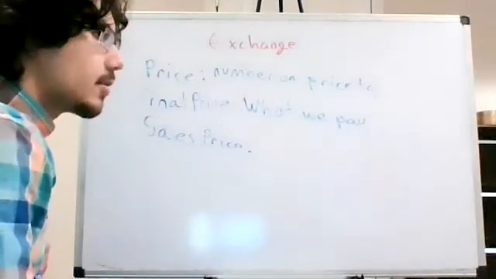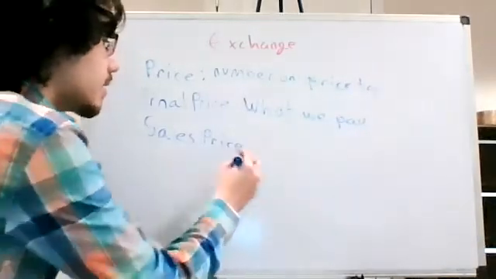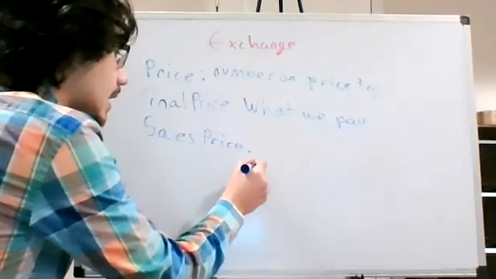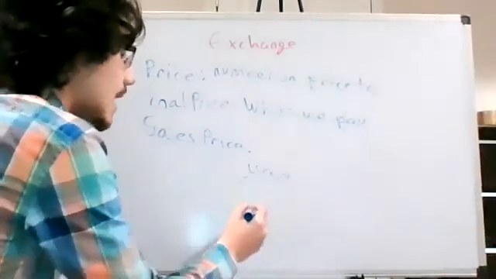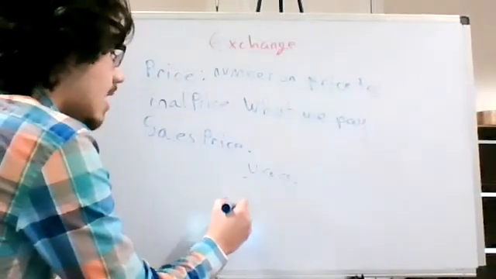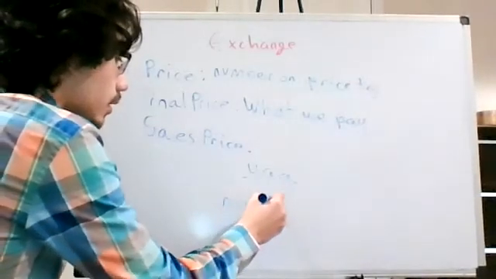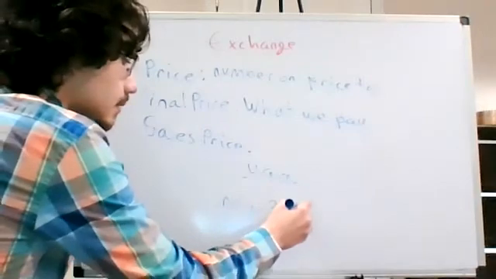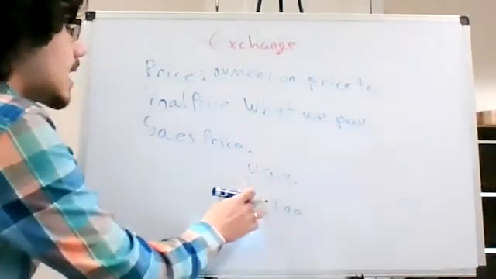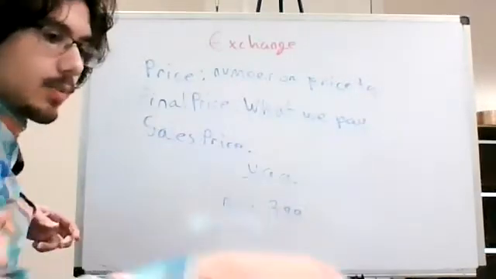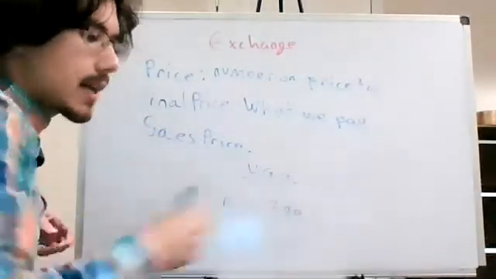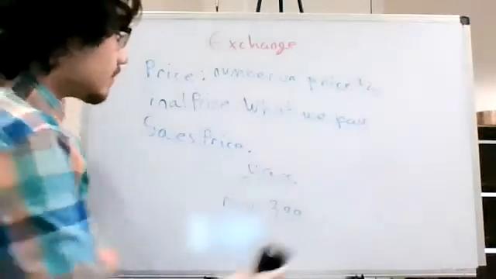Sometimes they'll do this by having the regular number, like say $4.99, but then they'll cross it out and say now $3.99. Sometimes this will happen on the price tag, and this will be the sales price because it is the price after the discount.